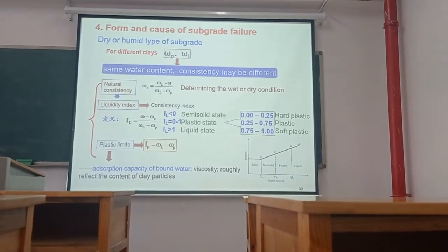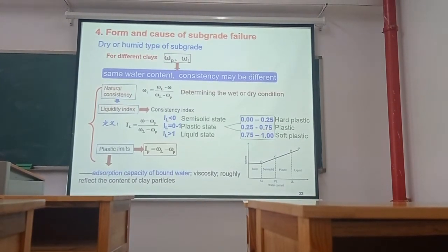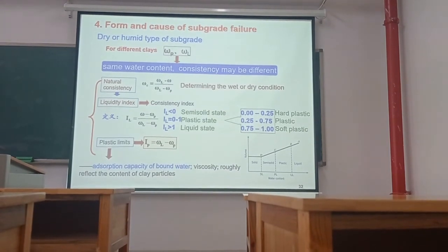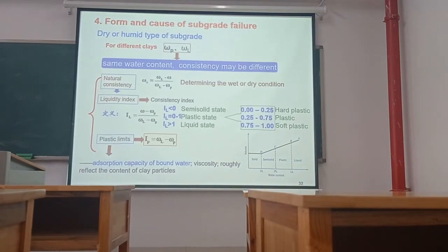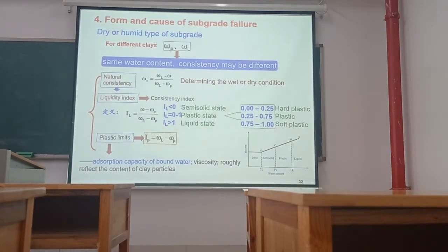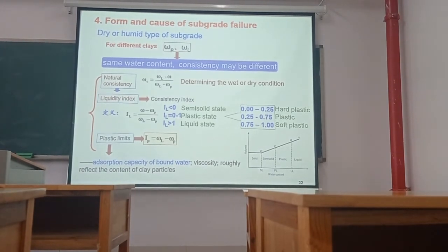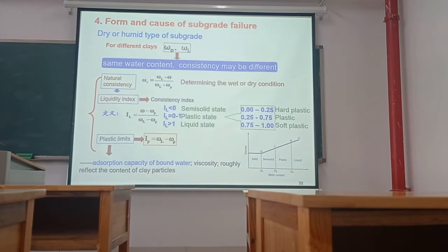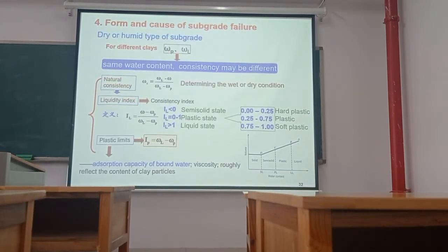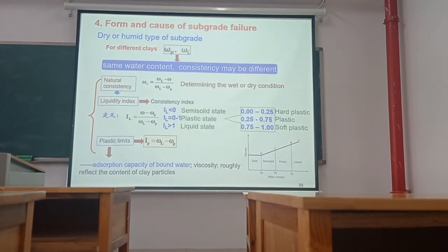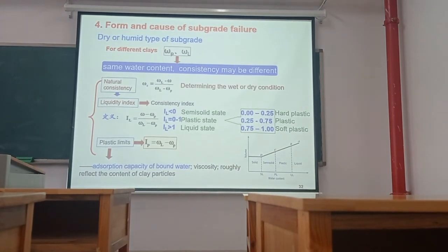When the liquidity index is less than 0, it means that the soil is in semi-solid state. When it's between 0 and 1, the soil is in plastic state. But when it's larger than 1, the soil is in liquid state.